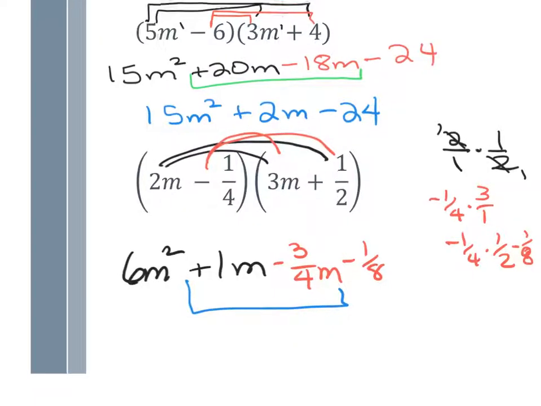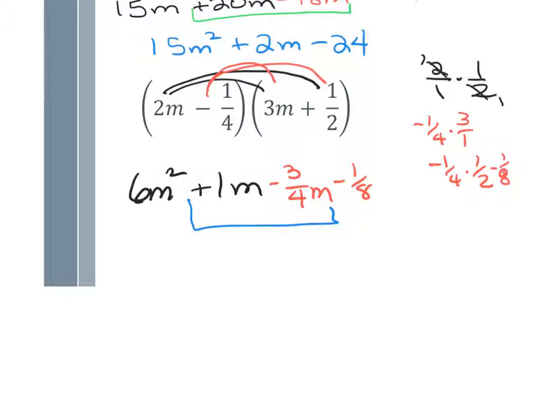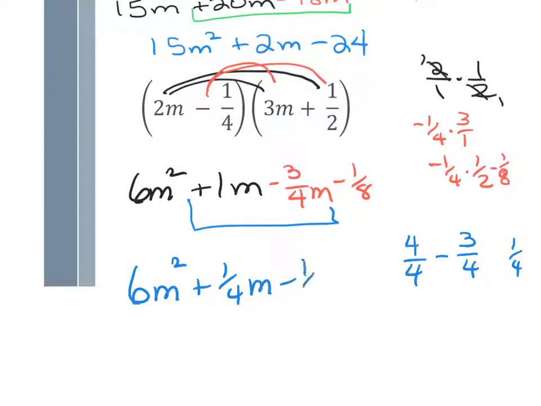These are like terms. So again, remember when you add and subtract fractions, you need to find a common denominator. To turn my whole number, I can just look at the denominator of the fraction I'm trying to subtract, and I can make that whole number 1 into 4 over 4. And then I can subtract it and get 1/4. So the final answer here is 6m squared plus 1/4 m minus 1/8.